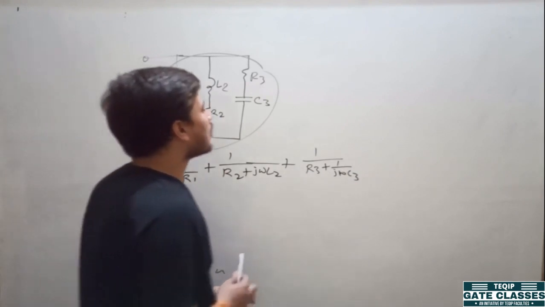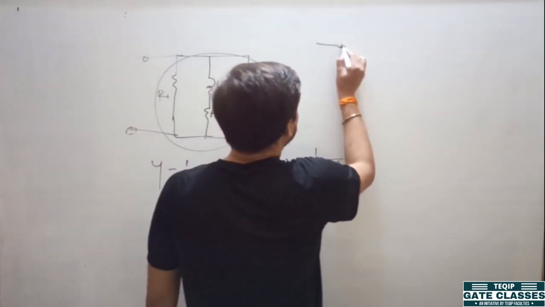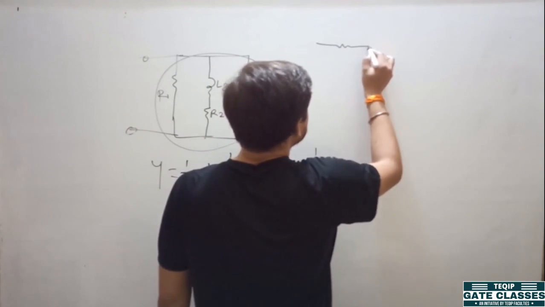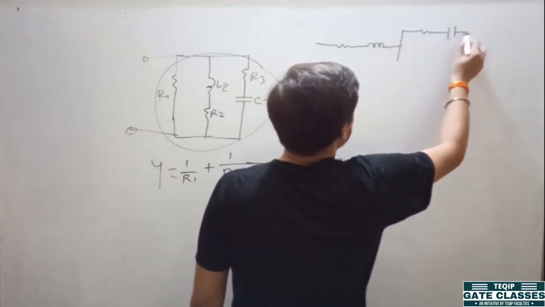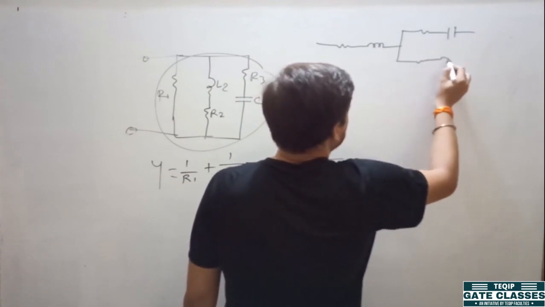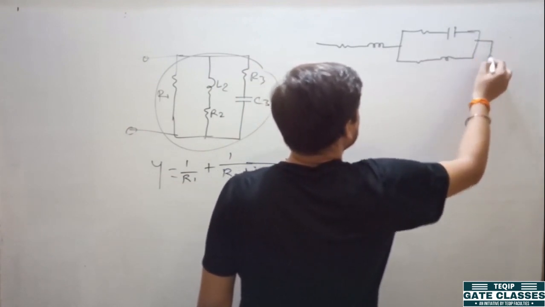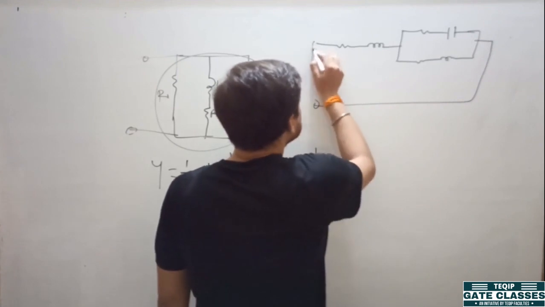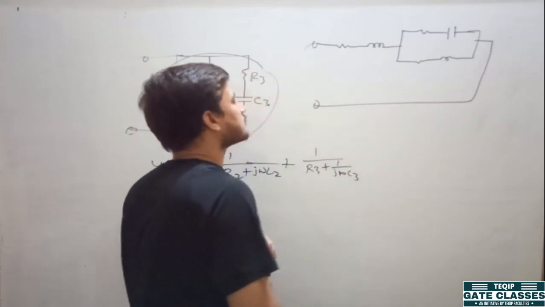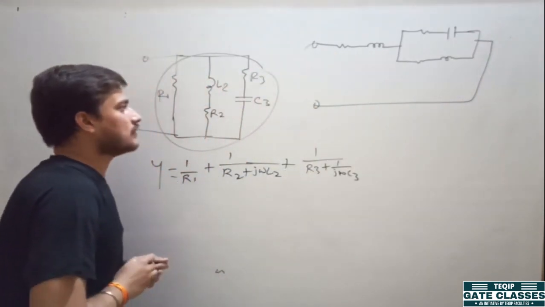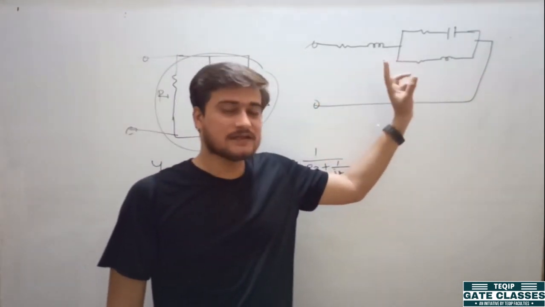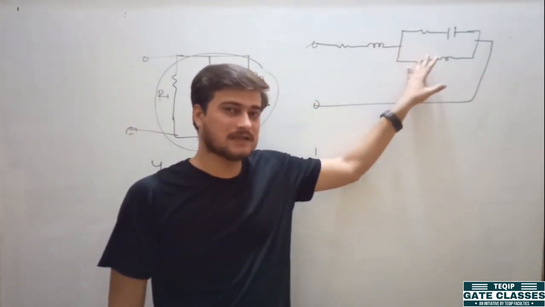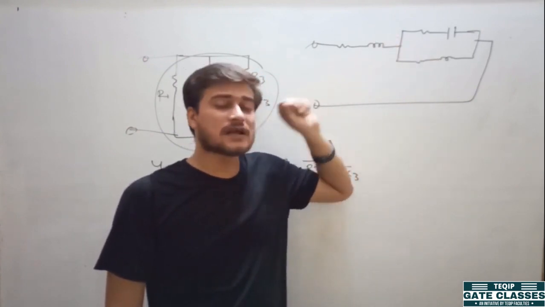Now suppose they give you a branch like this one, with R, L, and a parallel network, and they are asking you to find the resonant frequency. So this is a series circuit. Basically this is a combination of series and parallel circuit, but overall this circuit will be in series.